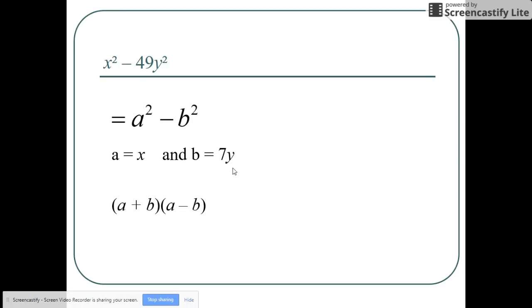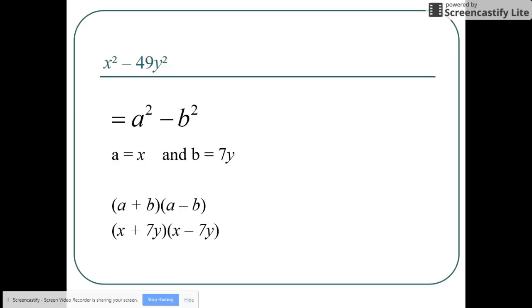And we've done 7y because we know that 49y squared is the square of 7y, and x squared is the square of x, okay? So we've chosen those. So let's have a look how it's going to look. It's going to go x plus 7y, x take 7y. And that's actually going to be your answer.